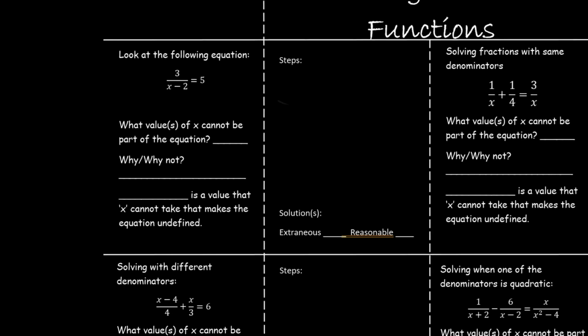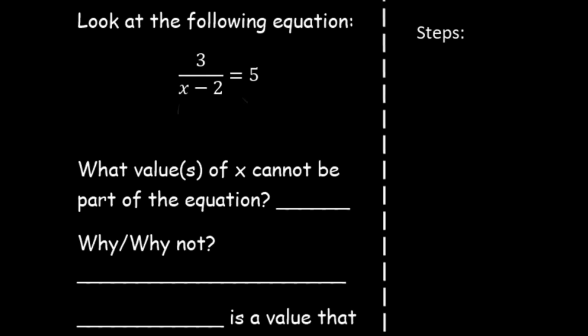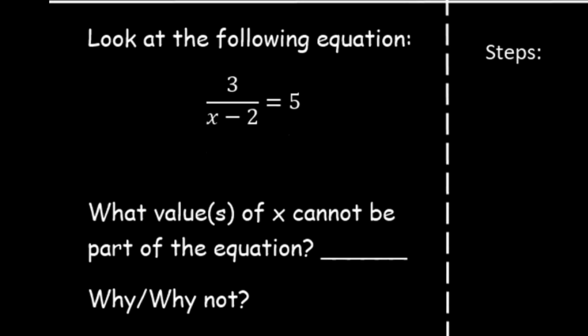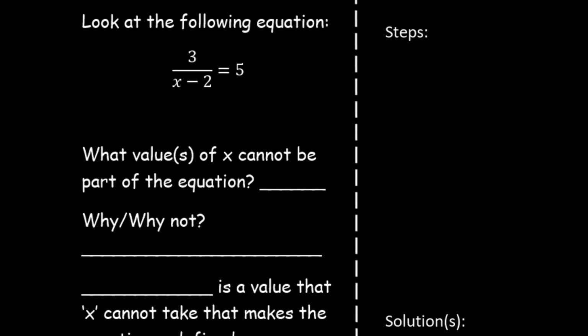All right, so there are technically 4 different types of equations that you're going to see. The first type is just a plain rational set equal to either a whole number or another rational. Now, before we actually start solving this, let's take a look at it.